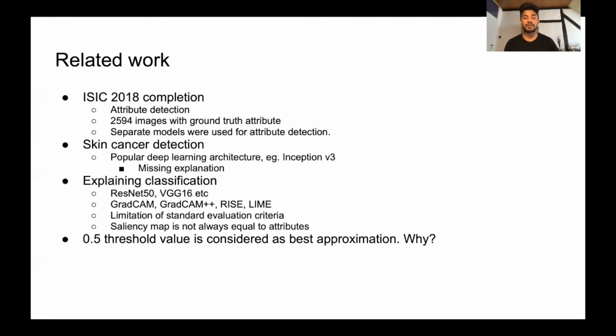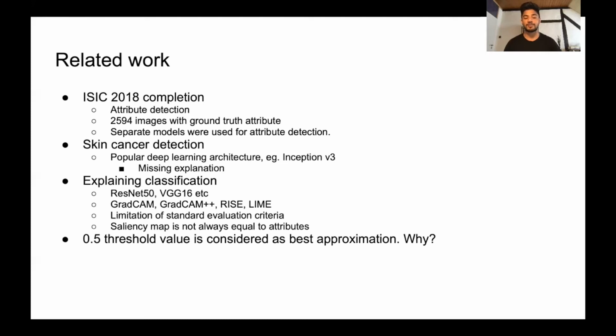So some people converted the saliency map with a threshold value and made a binary mask, and they compared it with the ground truth. However, for this threshold value they chose 0.5, but what is the best approximation?